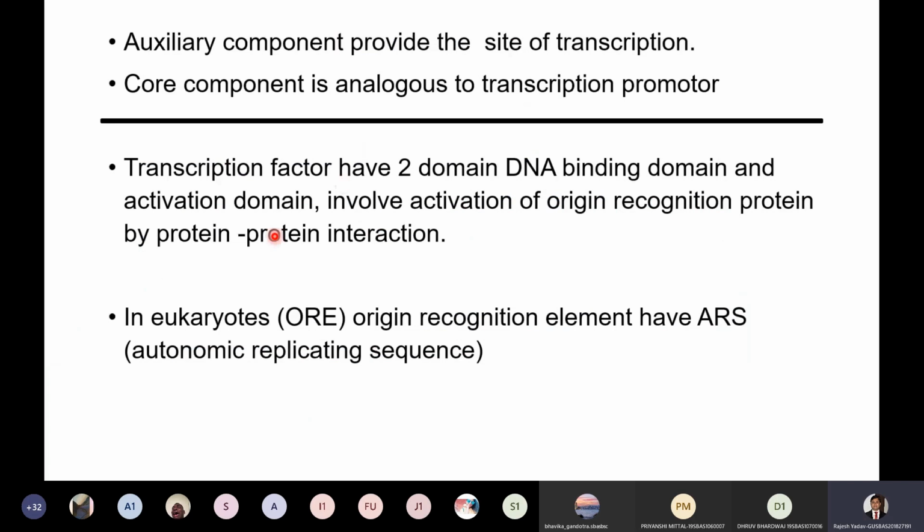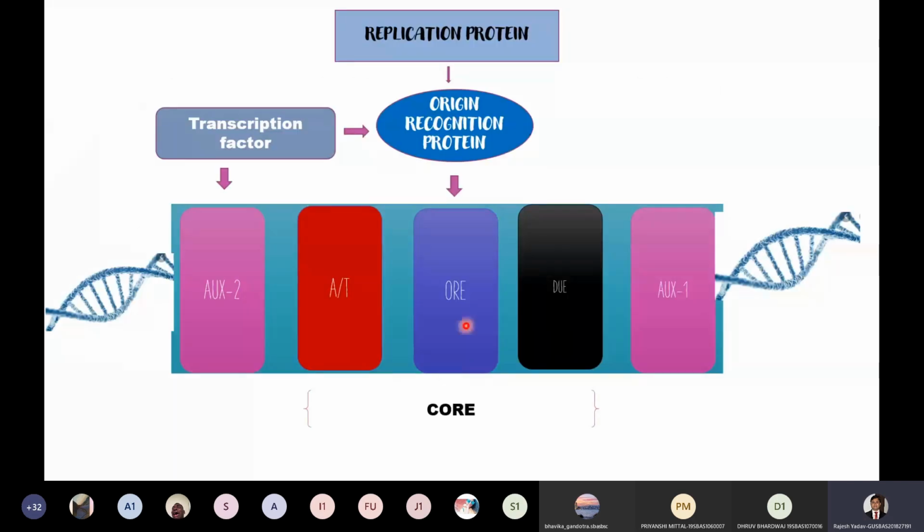And now another point, in the eukaryotes, the origin recognition element, that is the ORE, has an ARS sequence. ARS is the autonomous replicating sequence. So the ORE is the main portion of this origin, and it contains the autonomous replicating sequence. That is a very common sequence, ARS.